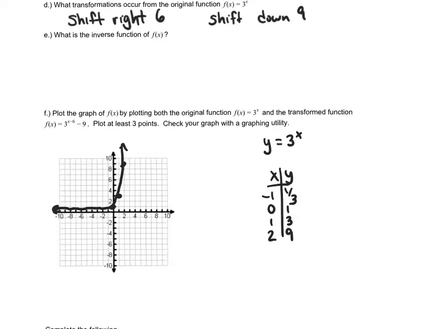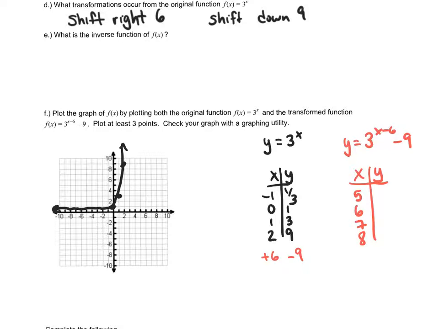All I'm going to do in my transformed function is move it right 6, and move it down 9. If I actually want to write the points, I'm going to move all the x's right 6, so I'm essentially adding 6 to all these x's. And I'm going to move all the y's down 9, so I'm going to subtract 9 from all those y's. That's going to become 5, 6, 7, and 8, just by adding the 6.